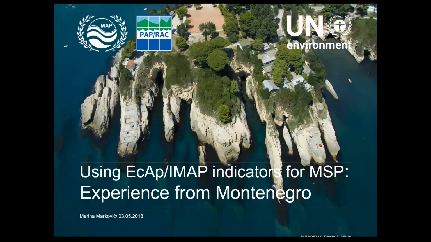The center I work with, the Priority Actions Programme Regional Activity Center, or PAP/RAC, deals with coastal management and now with marine spatial planning. Today I will present a tool that we developed and tested in Montenegro.